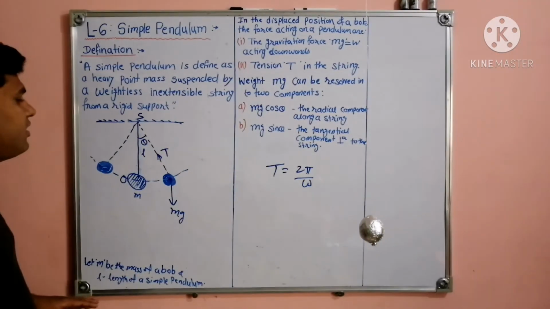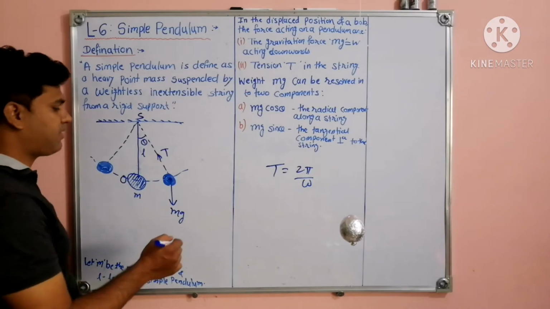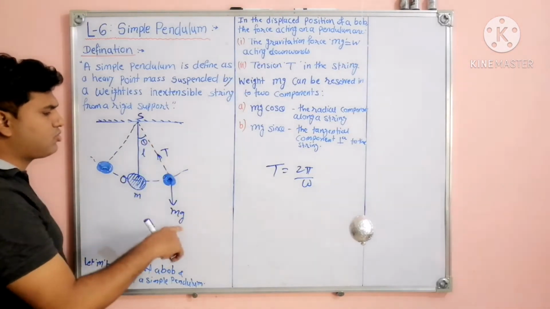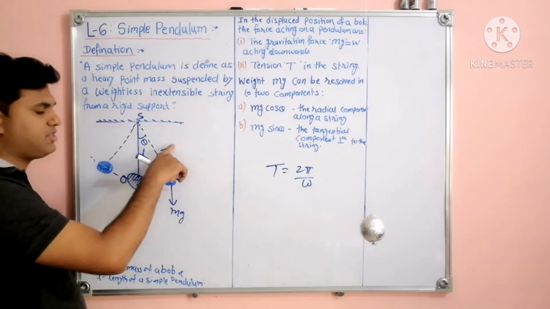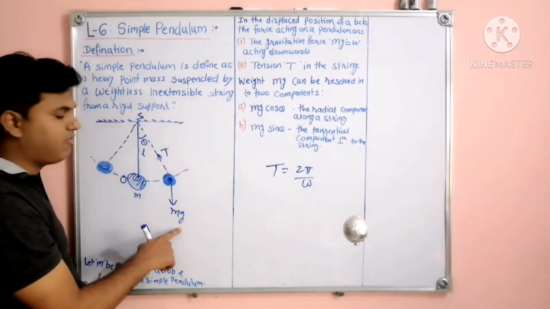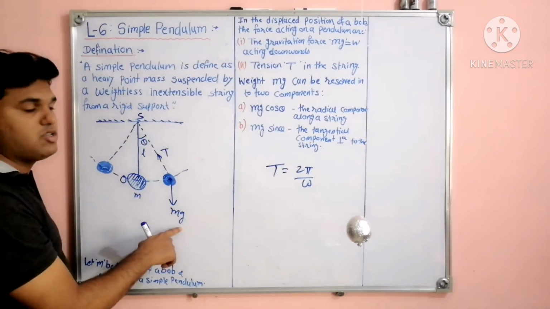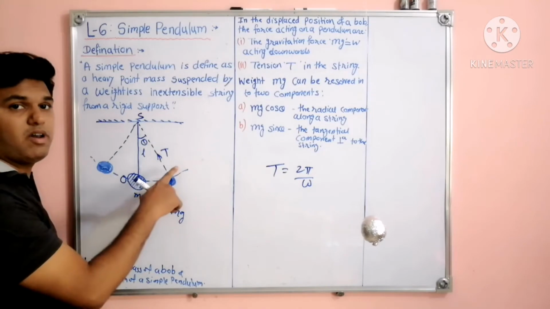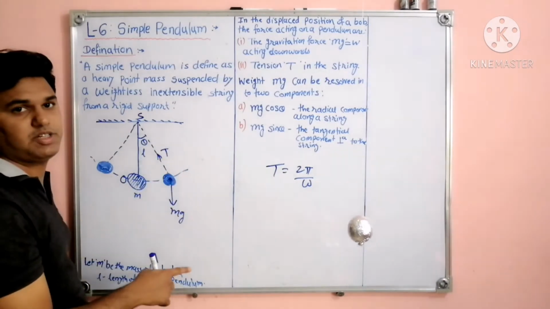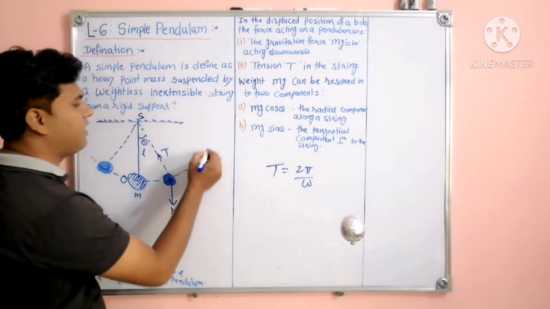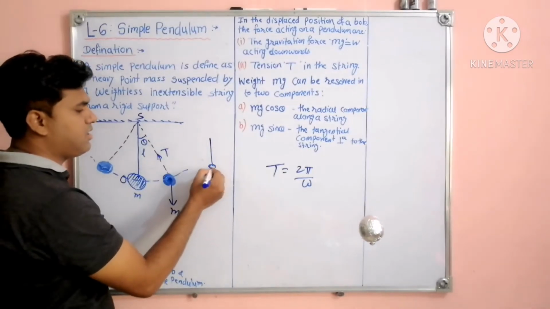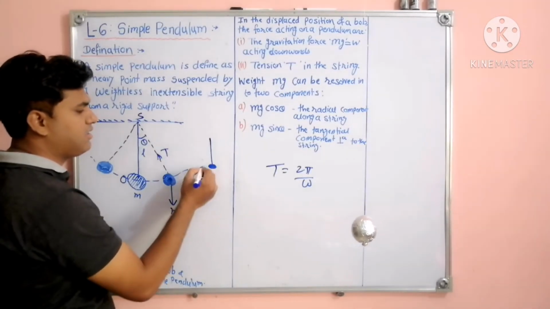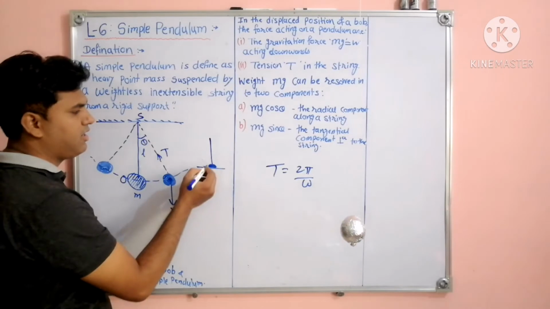Now the situation is that these two forces, tension T in the string and weight mg, are not equal and opposite in direction.